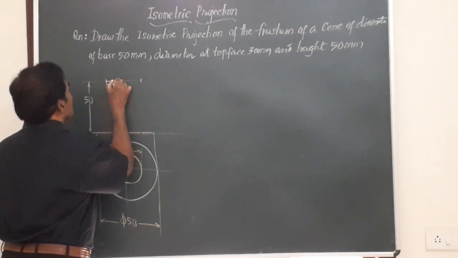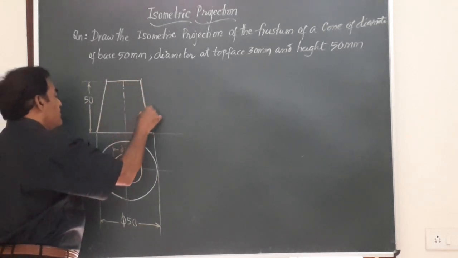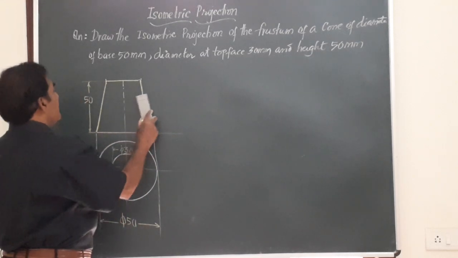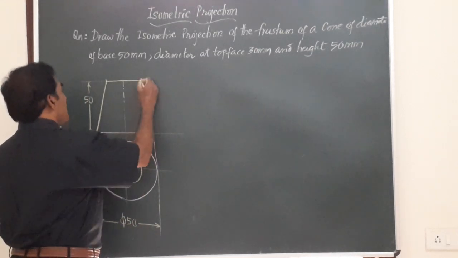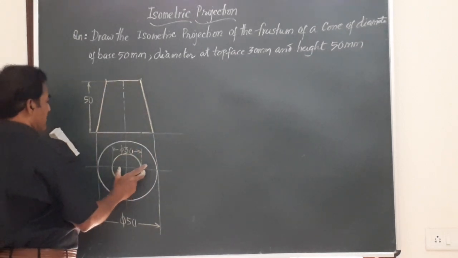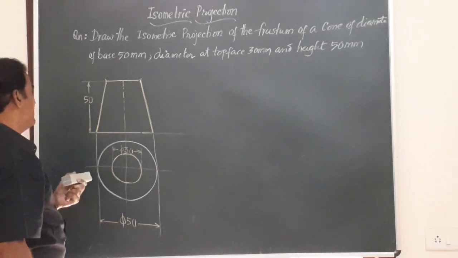I will join this to the base, and the figure you get here is the frustum of a cone having 30 mm at the top, height 50 mm, and diameter at the bottom 50 mm.